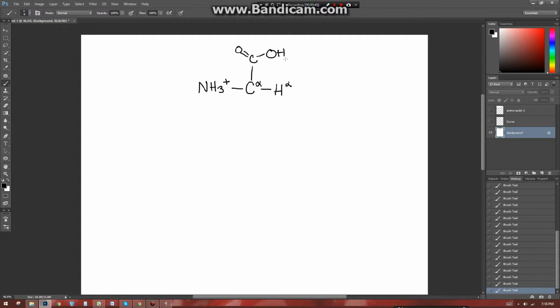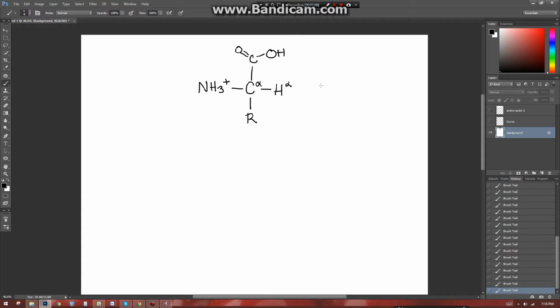As you can see, I've made this fully protonated just for simplicity, but in physiological pH, this would be NH3+, but this would be O-. But just keep in mind that this isn't physiological pH, this is just how I've drawn it. And then the carbon is also bonded to the R group.